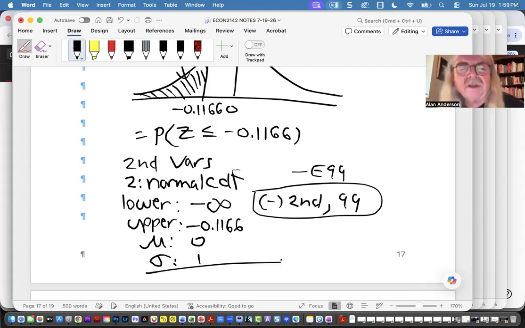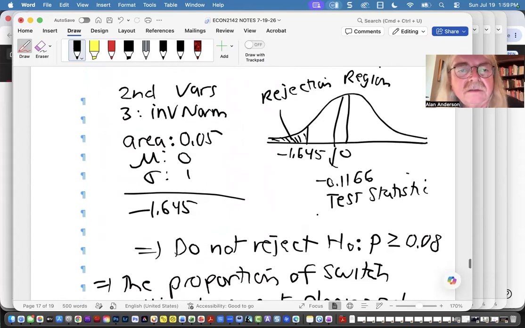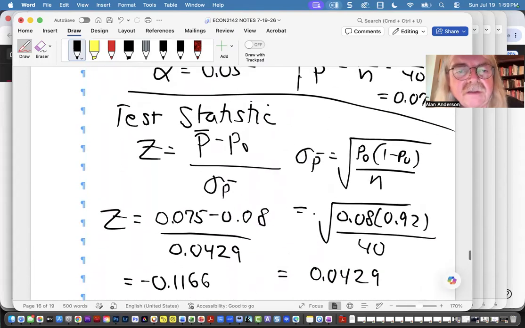And this leaves us with, yeah, it's pretty high, 0.4536, which is clearly well above alpha. Alpha was 0.05.